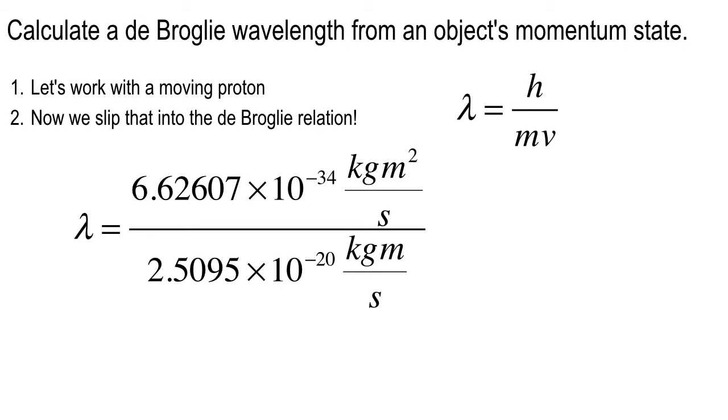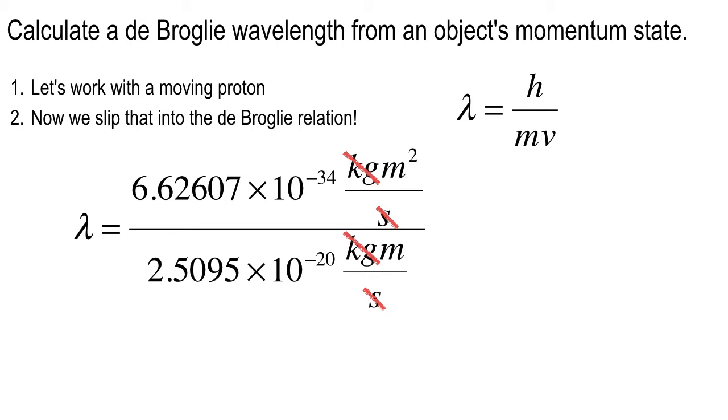First thing I'm going to do, I'm going to cancel kilograms. Ching! Go ahead and cancel those out. And there's a per second up here in the numerator and a per second in the denominator, bing, they're out of here.